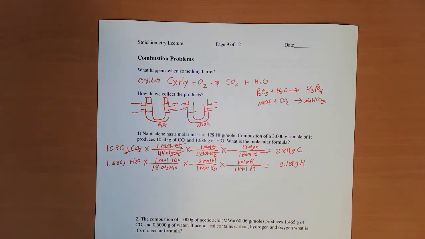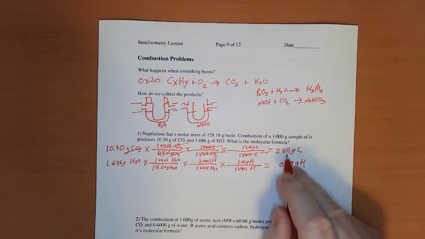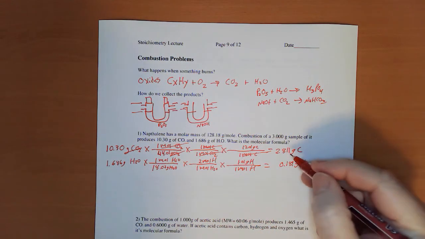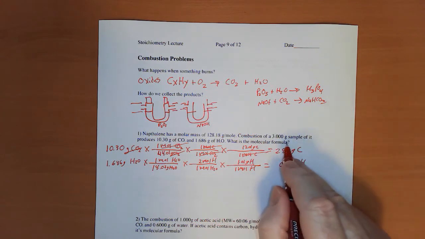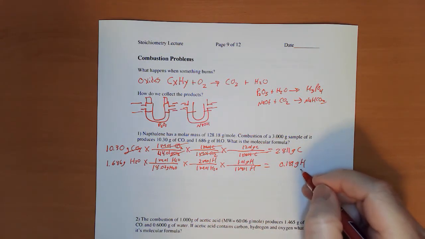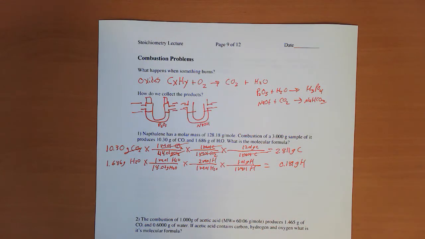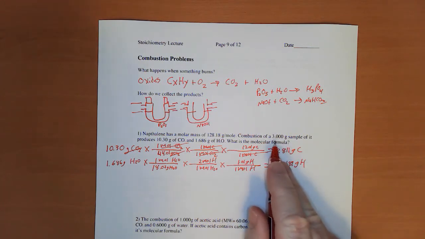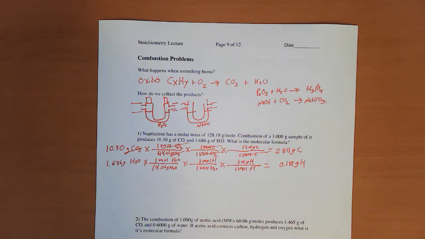Now, it's time to start thinking on higher levels. I didn't have to do both those calculations, because those two numbers add up to 3.000 grams. If I know the grams of carbon, I automatically know the grams of hydrogen, because they both have to total 3 grams, since there's only carbon and hydrogen present.